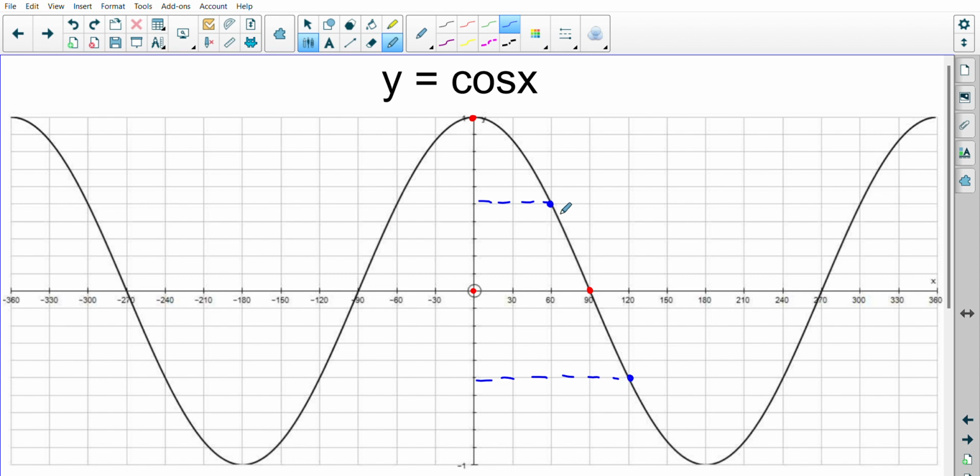So I'm just looking at how the graph is, some symmetry relating to the graph. So I think I can do something similar to the sine one before. If I've got cos 120 degrees, it can be the same as minus cos of 60 degrees. Okay, they're both going to produce the same answer.